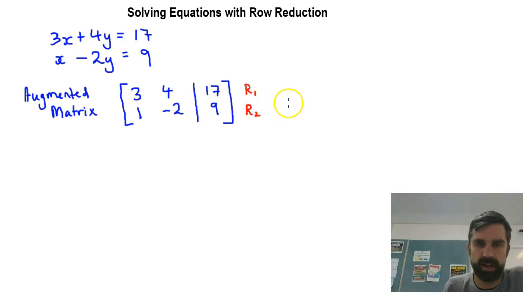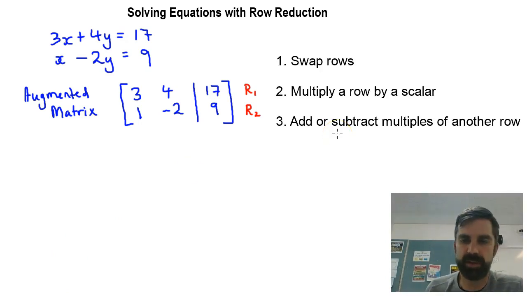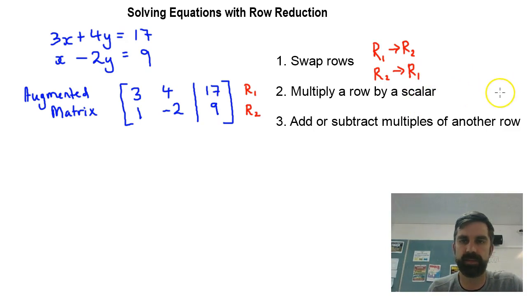Now, there are a few things that we can do to the rows in order to solve the equation. I'm just going to go through those one by one. First of all, we can swap rows, and the way we would write that is row 1 becomes row 2, or row 2 becomes row 1. We use a little arrow to mean becomes, kind of like a chemical equation. We can multiply a row by a scalar.